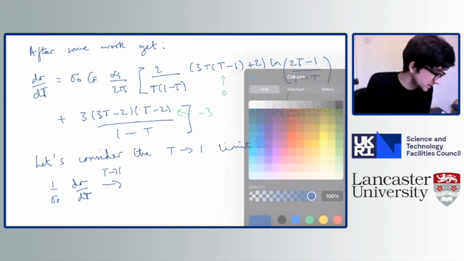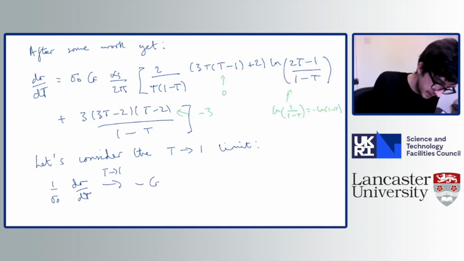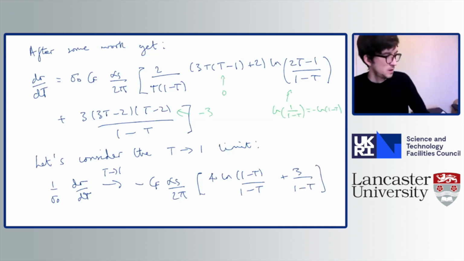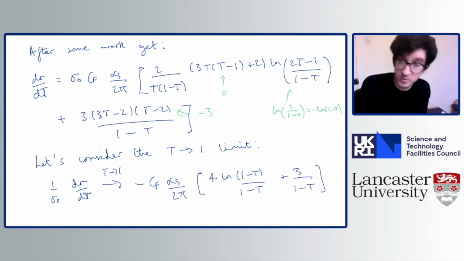And so when the dust settles, you just get minus C_F alpha_s over 2 pi, and you've got a 2 times 2, so 4 log (1 minus T) over (1 minus T), plus 3 over (1 minus T). Which we can see clearly diverges as T goes to 1.